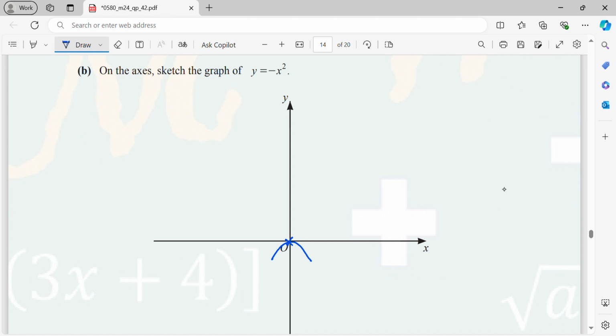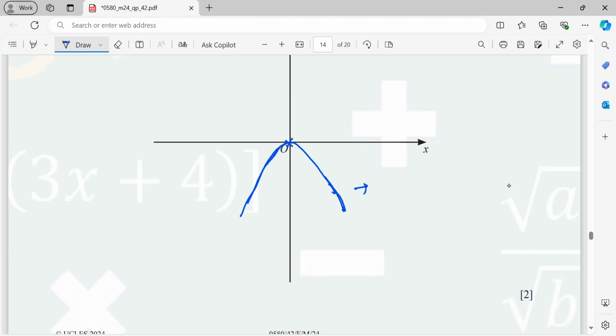It touches, I would say it touches, not passing through. It is a curve, the upside-down parabola shape. So this is y equals minus x squared.